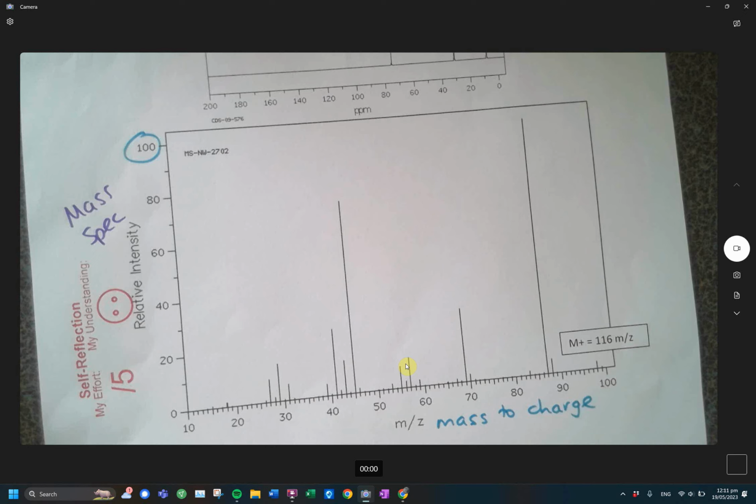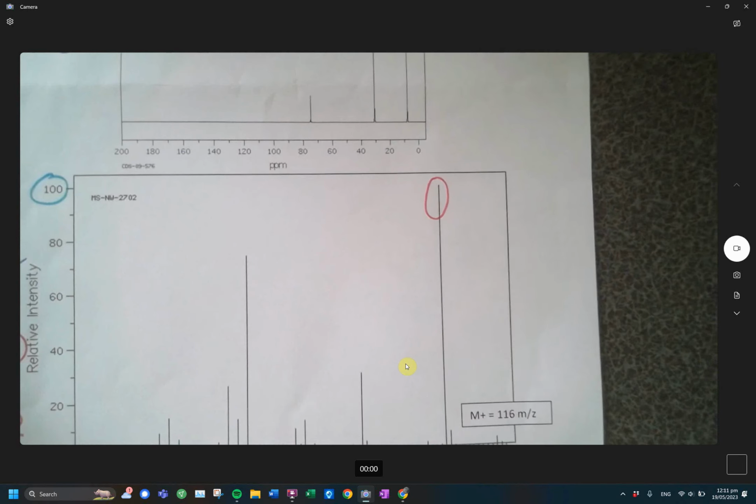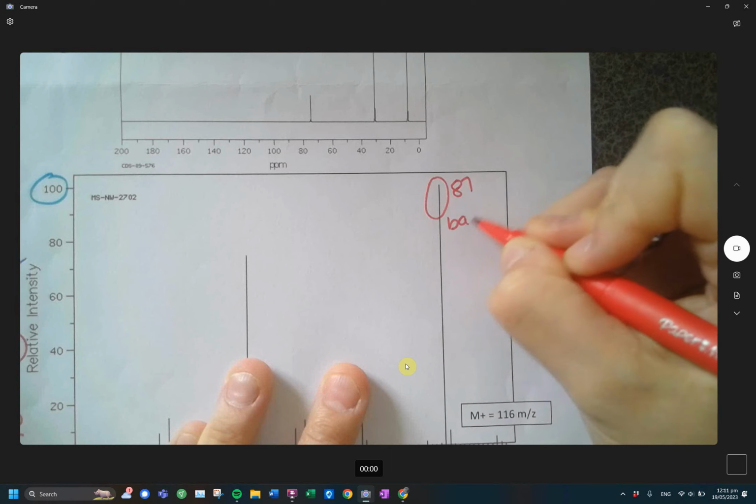So there's two things I need you to do for the achieved on this assessment. The first thing is to identify the tallest peak. In this case, this one over here at 85, 86, 87, that is your base peak.